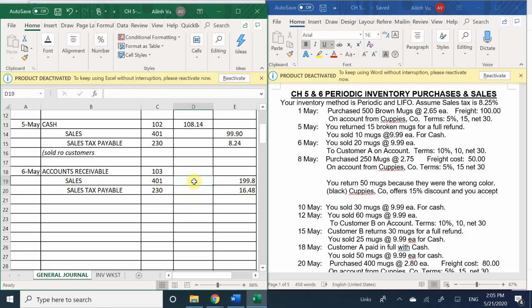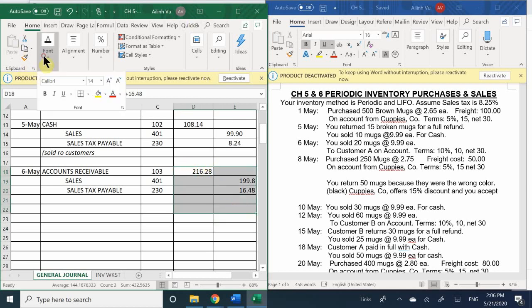Good. So, how much does he owe us? We add the tax plus the sales, and you'll get the accounts receivable, which is $216.28. All right, good.